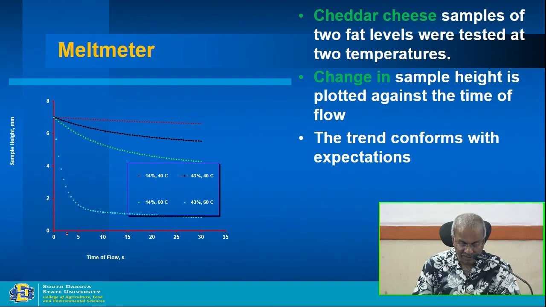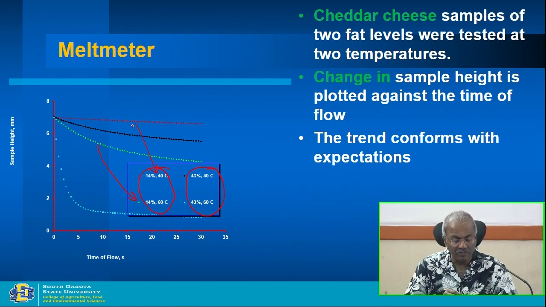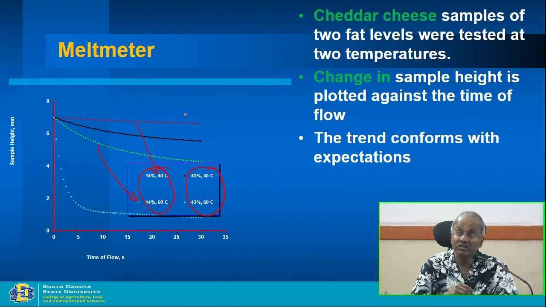As time increases, sample height decreases. This is for two different samples at two different temperatures. This is low fat cheese, this is high fat cheese. This curve is for 60 degrees C, and this is for 40 degrees C. As you see, low temperature, low flow, and low fat also.